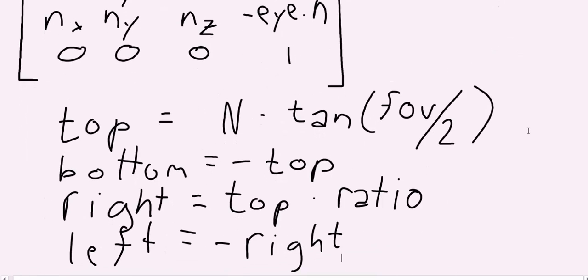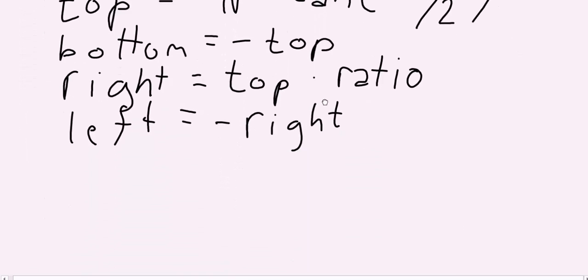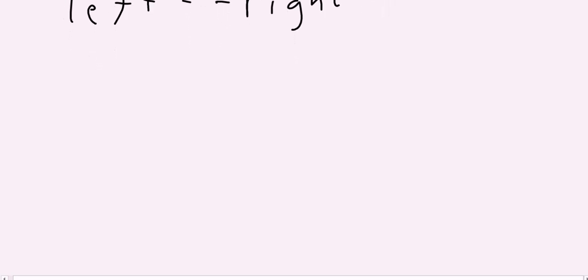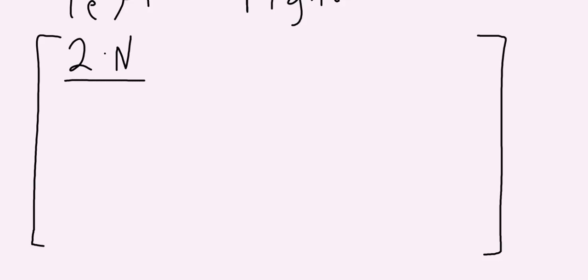And then finally, what we want to do is fill in a matrix. The matrix we have here in the end is the projection matrix, and what it finally looks like is we have 2 times n divided by right, let's just make that r for right, right minus left.